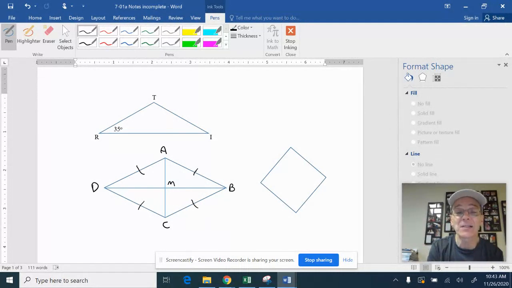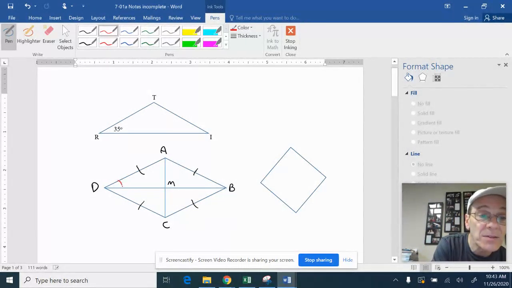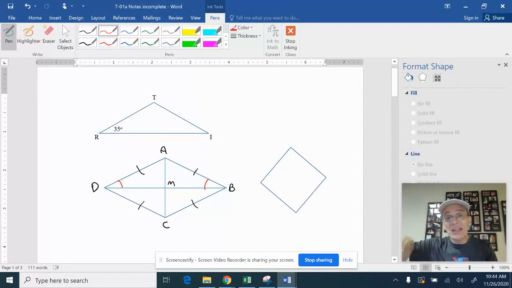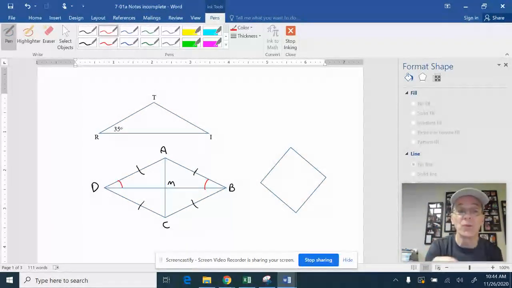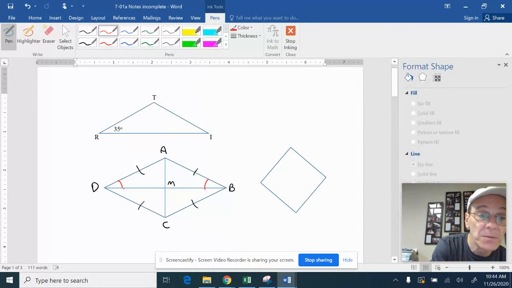And if it's an isosceles triangle with two congruent sides, then it also has two congruent angles, right? And triangle DCB, the one on the bottom, that's also an isosceles triangle. And so it also has two congruent angles. This one is congruent to that one.